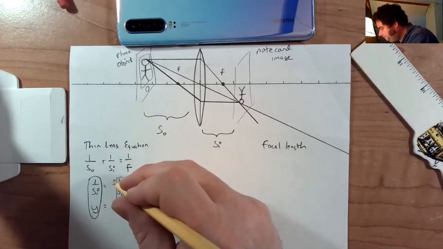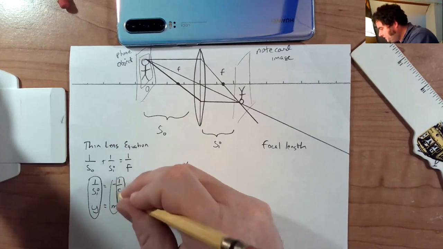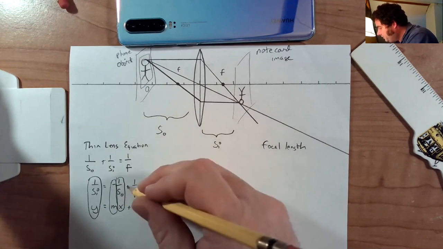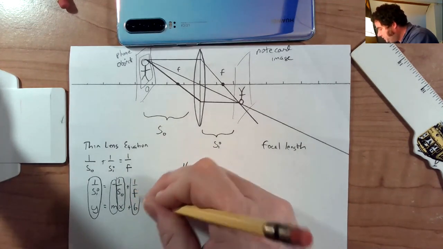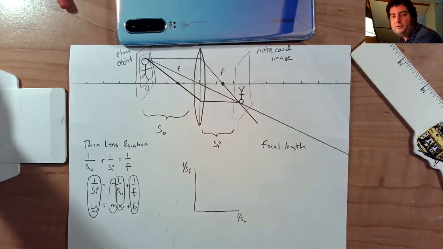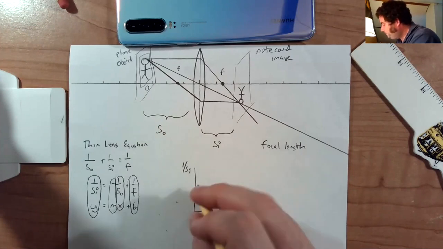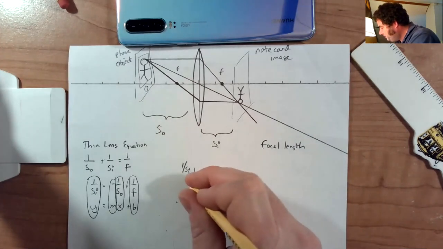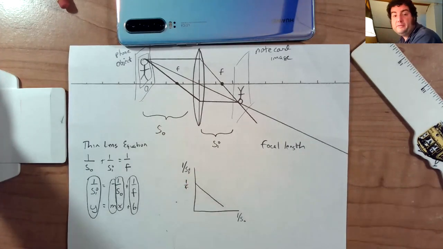I'm guessing it's just the negative sign. And that means the intercept for this graph ought to be pretty important. We ought to see it being the inverse of focal length. So expecting something like this, where whatever this intercept is, it's 1 over f. Let's check.